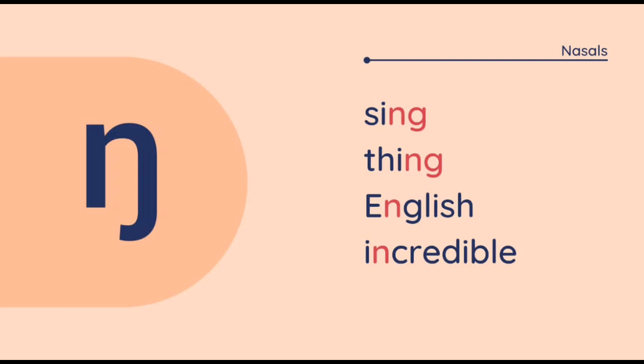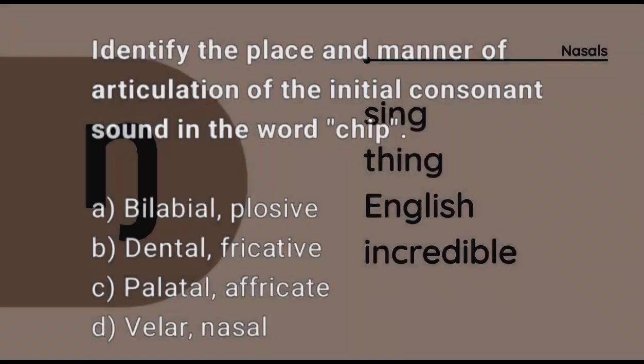However, this sound is pronounced somewhere at the back of the mouth with the velum lowering down to block the flow of air, and then the air is redirected through the nostrils to produce the velar sound. So the examples once again are sing, thing, English, and incredible.